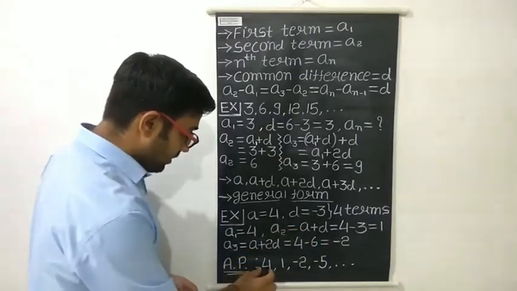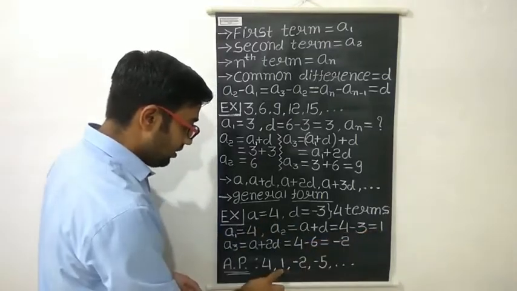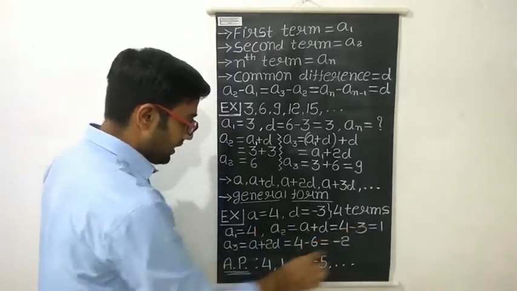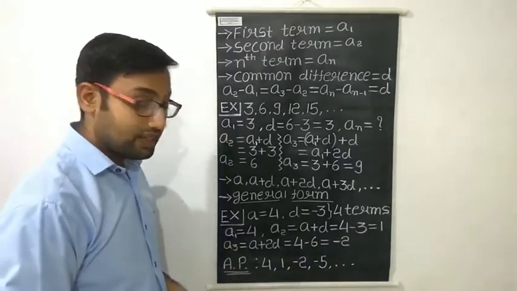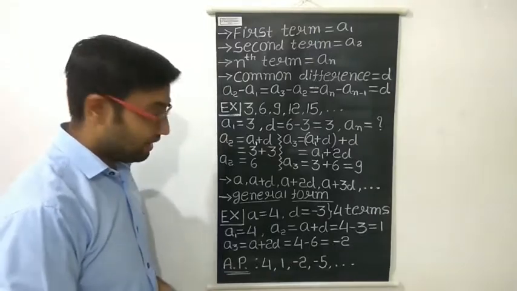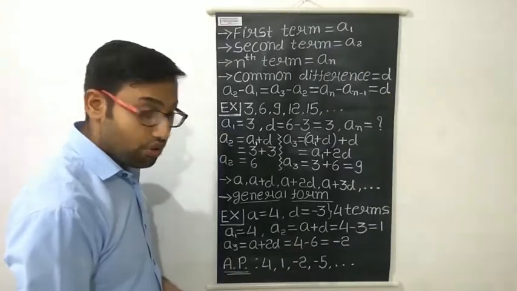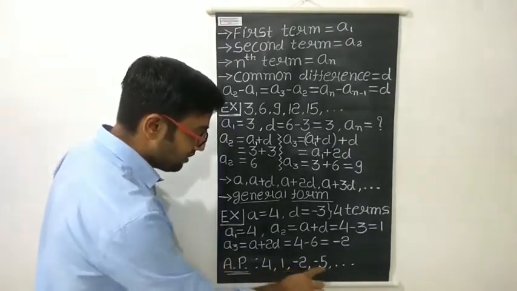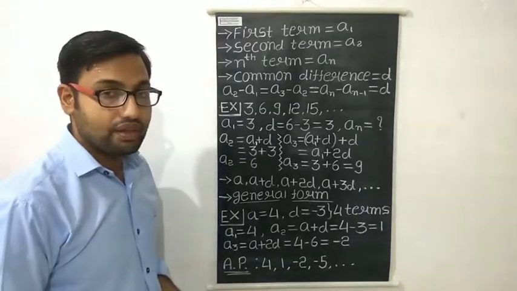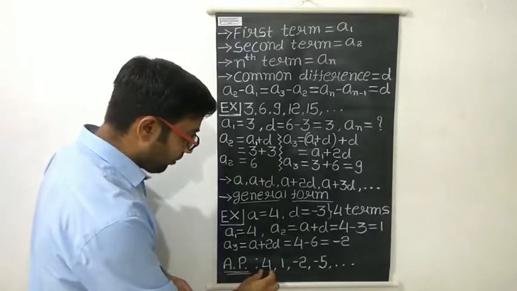So the first term is 4, the second term is 1, the third term is minus 2. Now what will be the fourth term? We have to add minus 3 to this, and by adding minus 3 we get minus 5. In other words, the first term is 4.